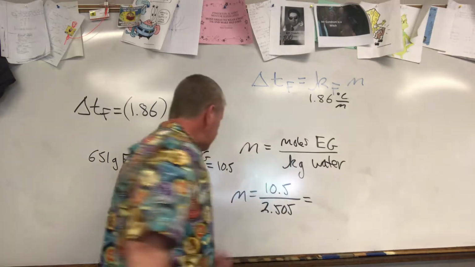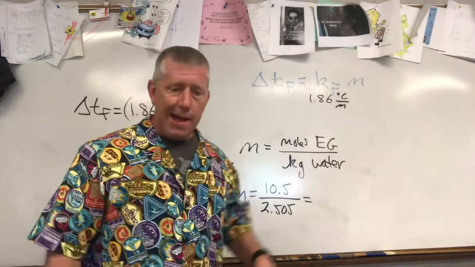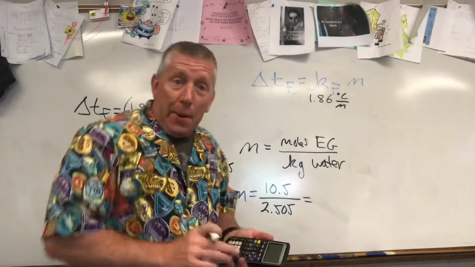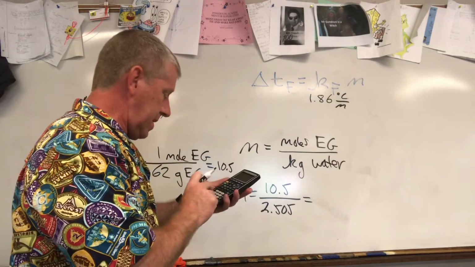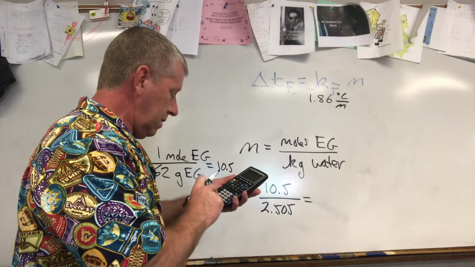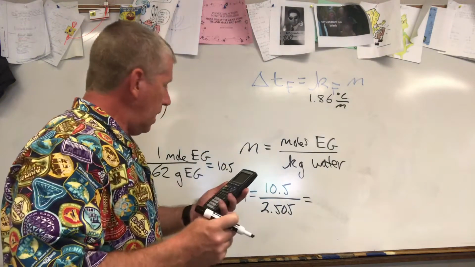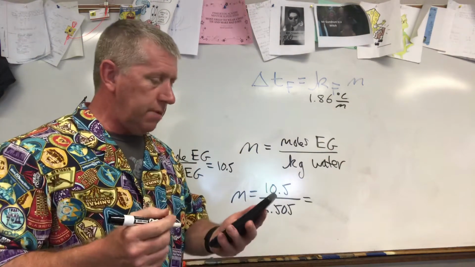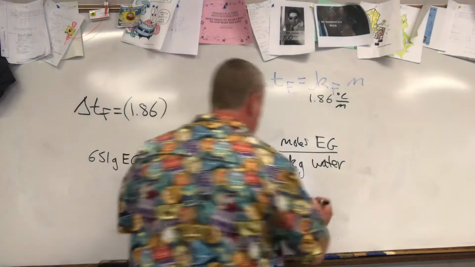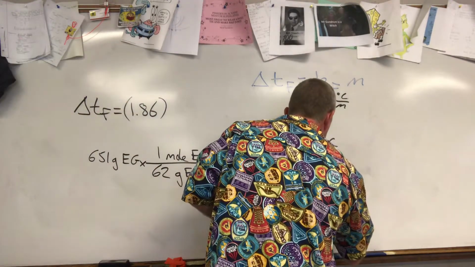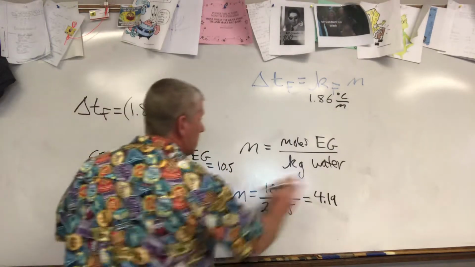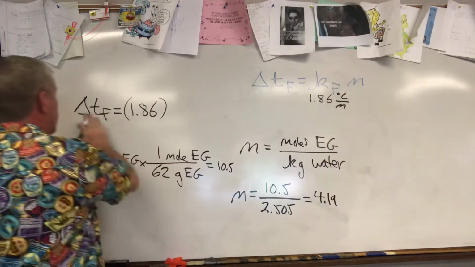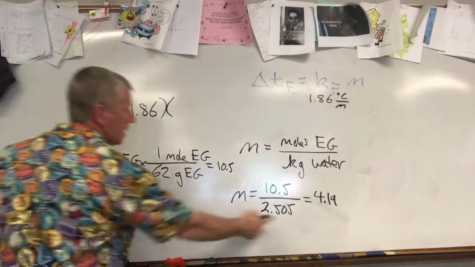That'll give me my molality. 10.5 divided by 2.505. Boom! So the molality is 4.19. That 4.19, all right, is the molality, which I am now going to put here.